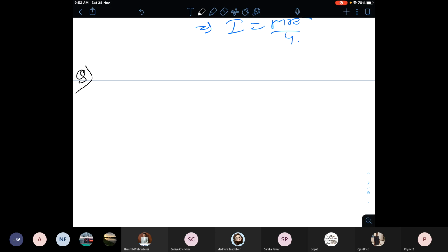So now let's see a question purely based on the theorem of parallel axis. For that you need the basic requirement of the standard moments of inertia, but now you have written it, so not an issue. You can just see the list and from that list we can take the values. So what is the question that I have?